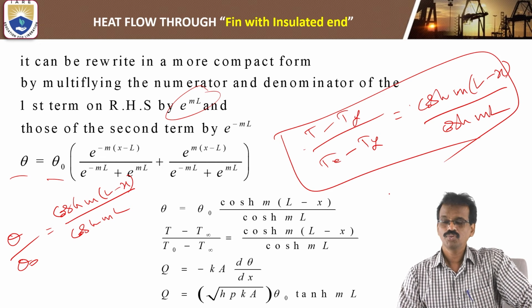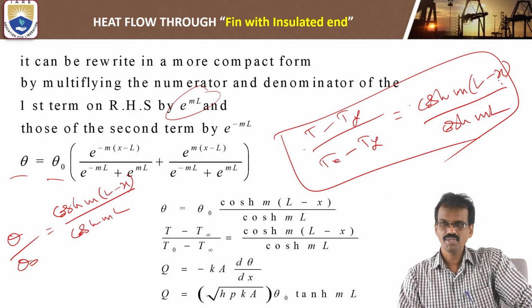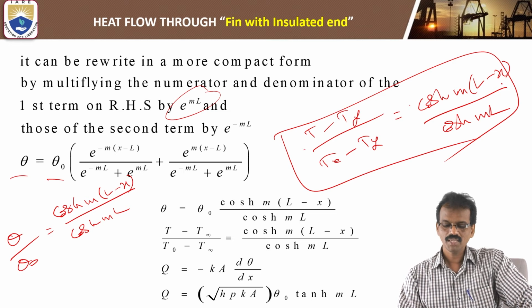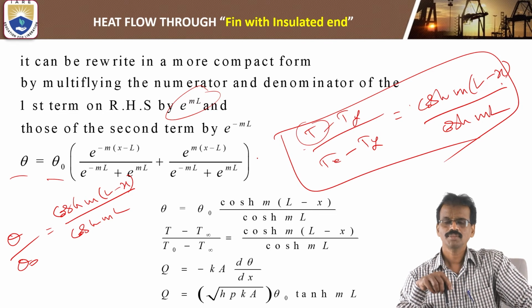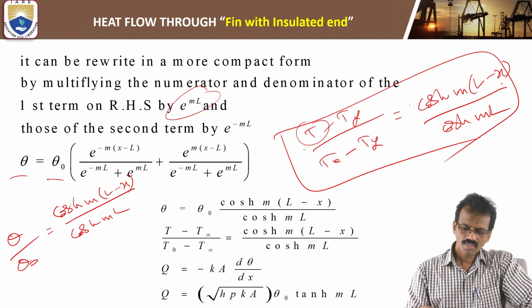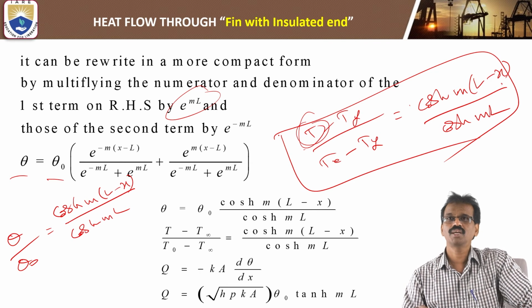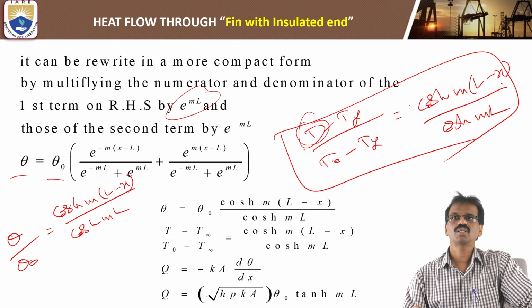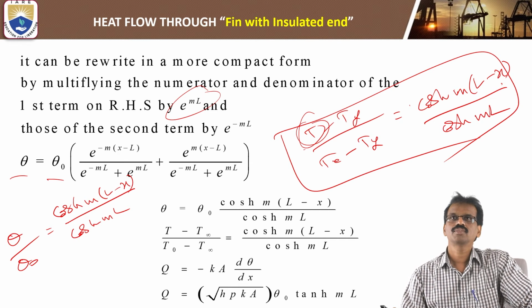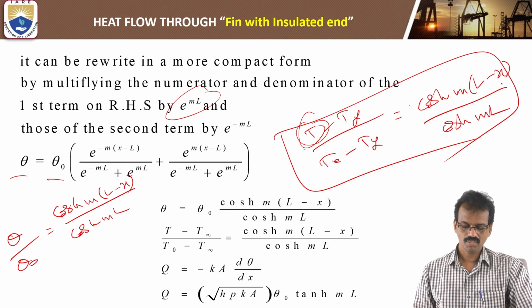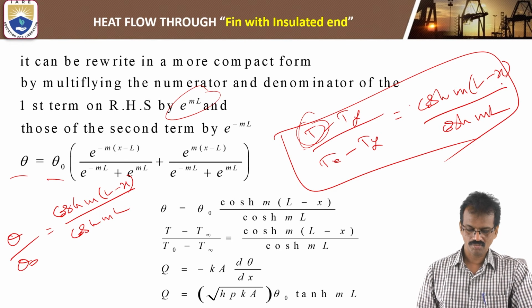It means if you know the distance x from the base of the small elemental area, you can find the temperature of the small elemental area. Okay, you have to remember this. By using this temperature formula, you can find the rate of heat transfer for the entire insulated end pin. For that, we have to integrate.